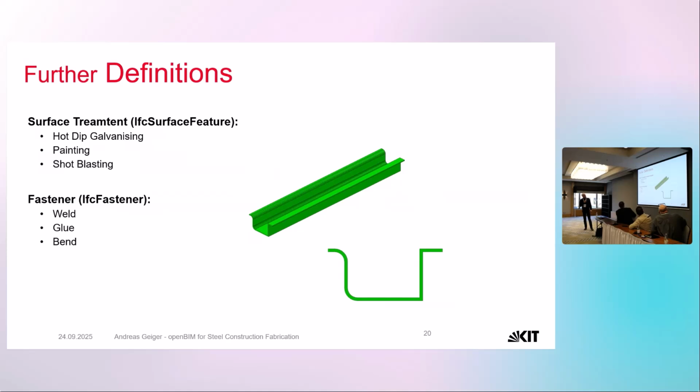And we also did some further definitions, for example, surface treatment, everything what is related to the fabrication process, then as well the fasteners, and also mechanical fasteners are here taken into consideration.